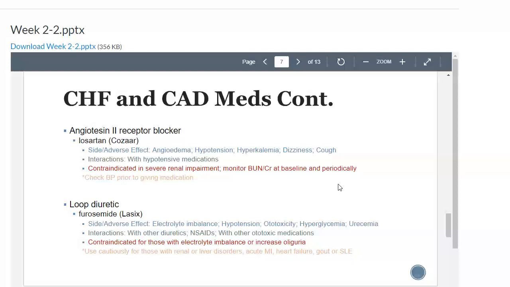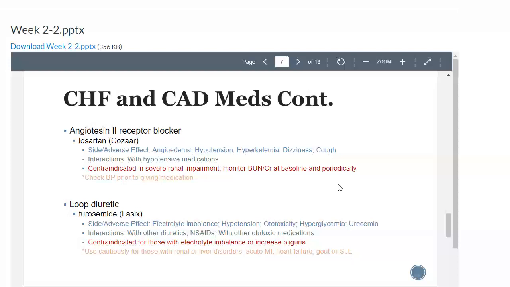So you really have to monitor and put the patients on strict intake and output. And obviously it's contraindicated for patients who have severe electrolyte imbalances or increased oliguria, in which they have a decreased amount of urinary output. We say that oliguria is pretty much defined as less than 500 milliliters in a 24-hour period.